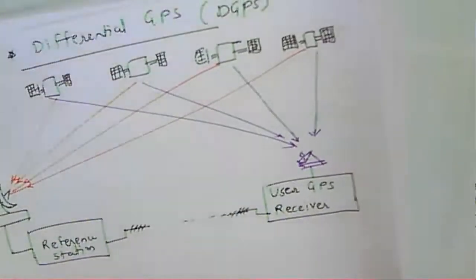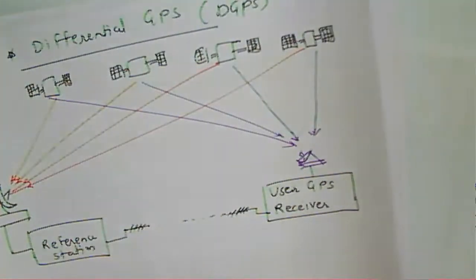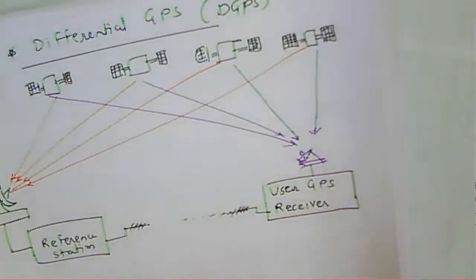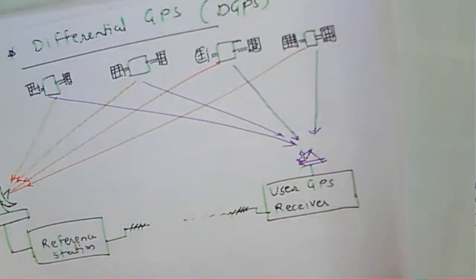Then GLONASS, the global navigation system of Russia. Then IRNSS, the Indian Regional Navigation Satellite System. Then the Chinese satellite navigation system, BeiDou.